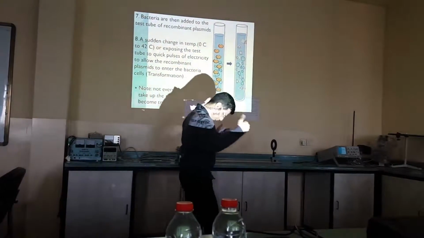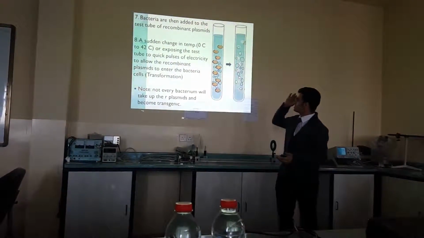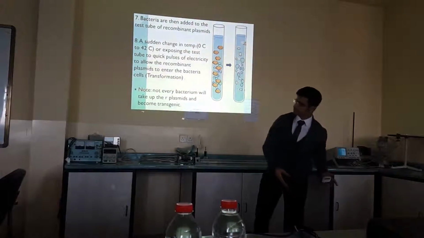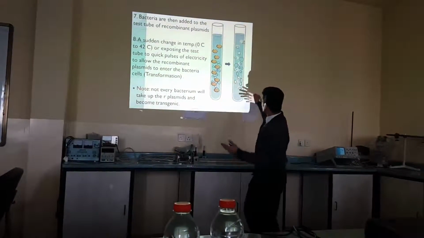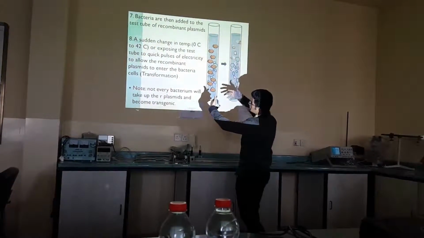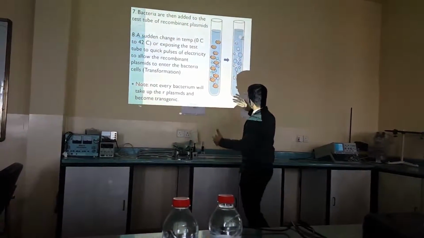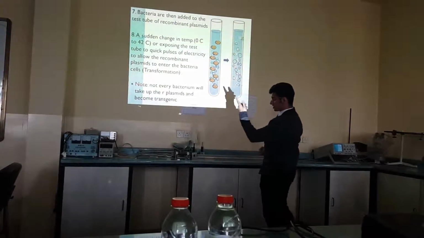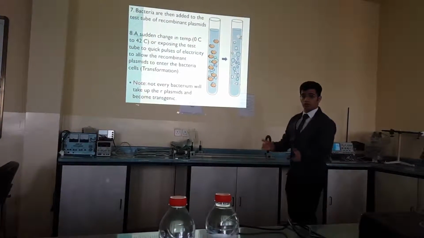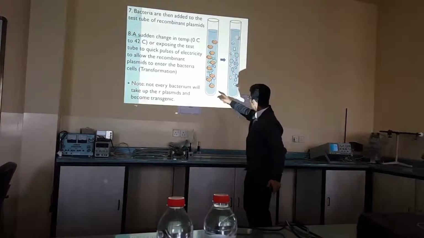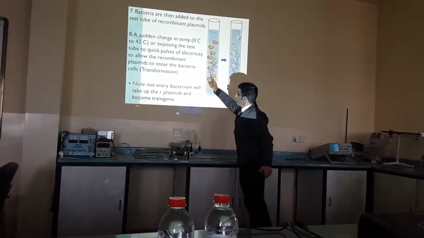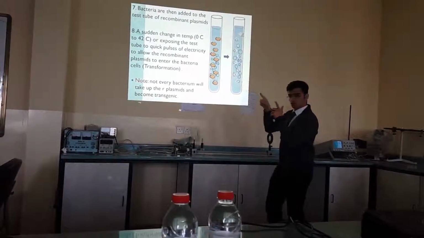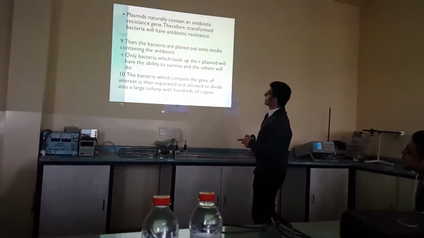There are many ways, but one of them is a sudden change in temperature from 0 Celsius to 42 Celsius, or exposing the tube to quick pulses of electricity to allow the recombinant plasmids to move into the bacteria. So the process is called transformation. Another important note: not every bacterium will take up a recombinant plasmid and become transgenic. So you should pay attention to it.